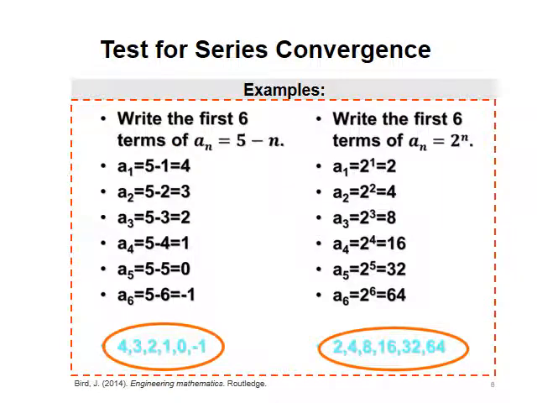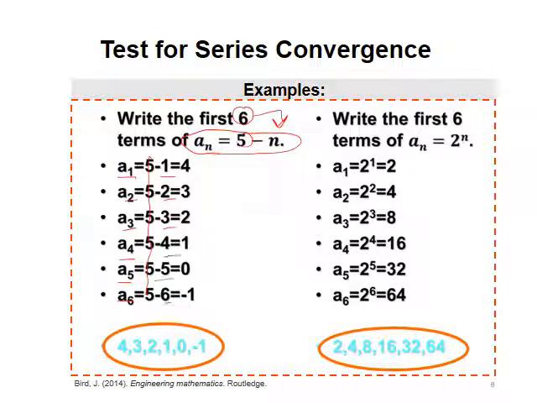Now to test the series, let's start from simple and go to more complicated. Have a look at this series here. Its formula is written this way: a_n equals 5 minus n, and we are asked to write the first 6 items. So I will substitute n with 1, 2, 3, 4, 5, 6, giving a1, a2, a3, a4, a5, a6. The 5 is constant, I change only n.